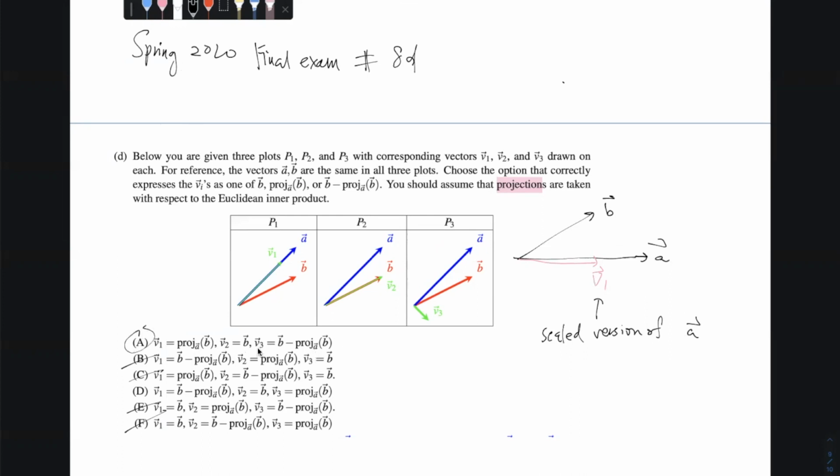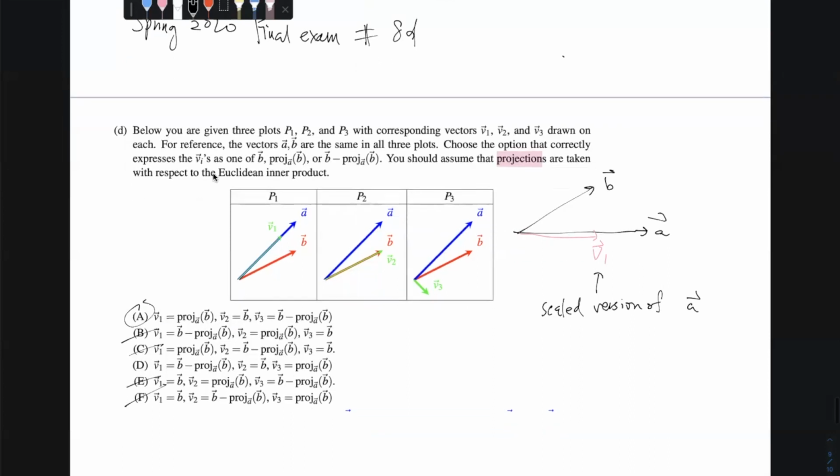But to also explain the option for plot 3 and vector V3, let's draw this out again: vector A, vector B, and then vector V3.